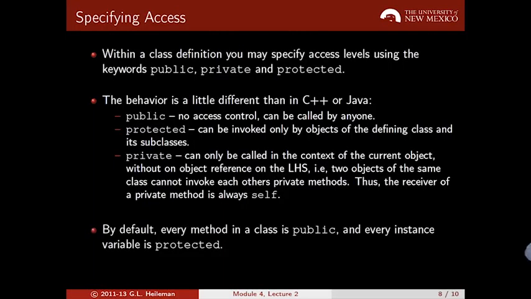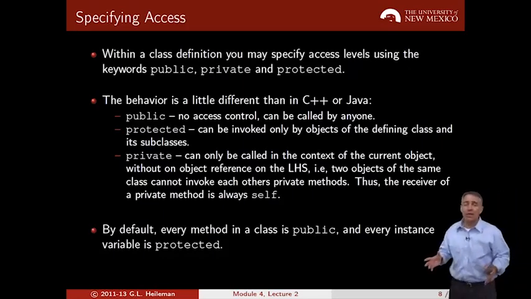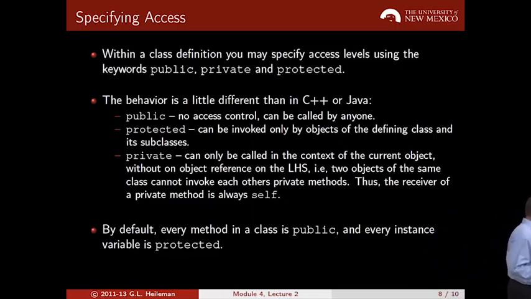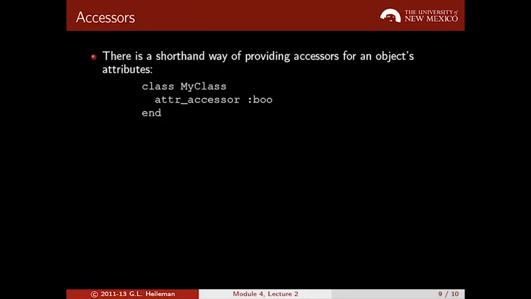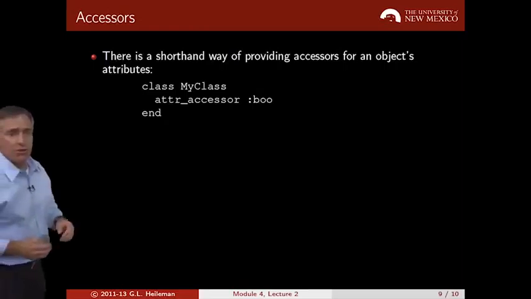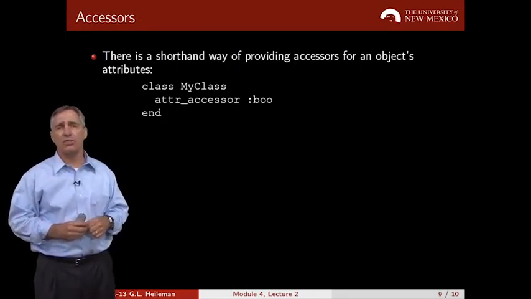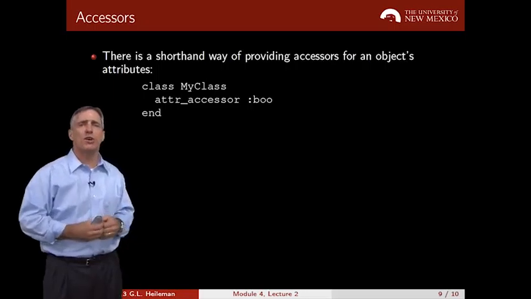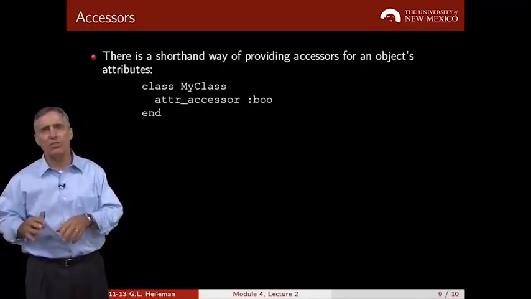Now, what we've already seen is by default, every method in a class is public and every instance variable is protected. That's why we couldn't access that boo variable unless we provided accessors, the getter and setter methods, in other words. There's a shorthand way that I already referred to of providing those getters and setters, and that's a pain in an object-oriented language. For every instance variable you create, you've got to create getters and setters.